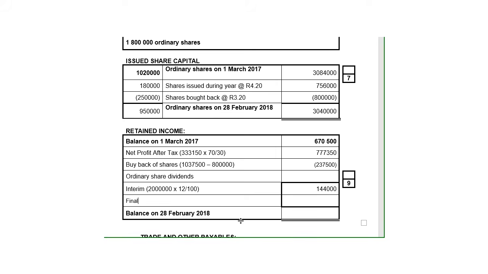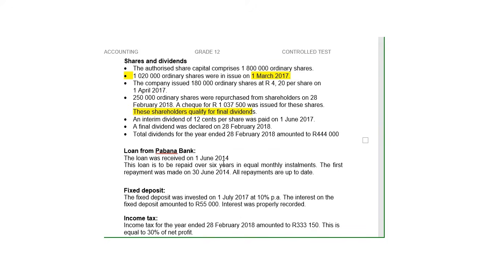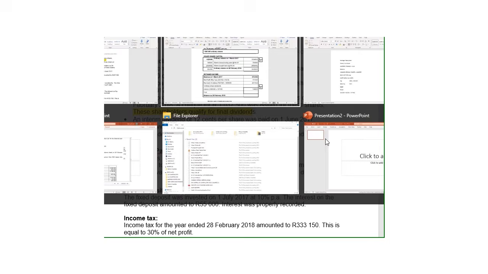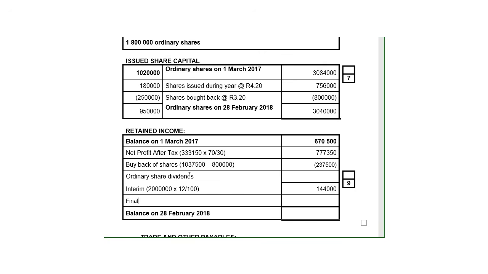Good. Let's see what they give me for the final. Final dividend was declared, no value. So let's see if anything else can help me. Total dividends, in other words interim plus final, the whole big total for the year, was 444,000. It is ordinary share dividends.